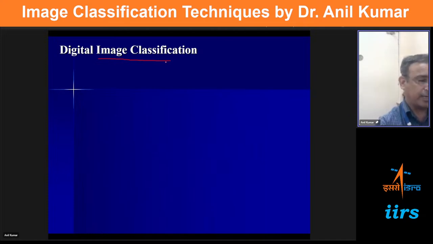Visual interpretation has very good accuracy since it is done directly by a human being. But when we have to process a large number of images, it takes a lot of time, so we cannot process so fast. Each image takes a lot of time, and with multiple images we may require weeks or months.